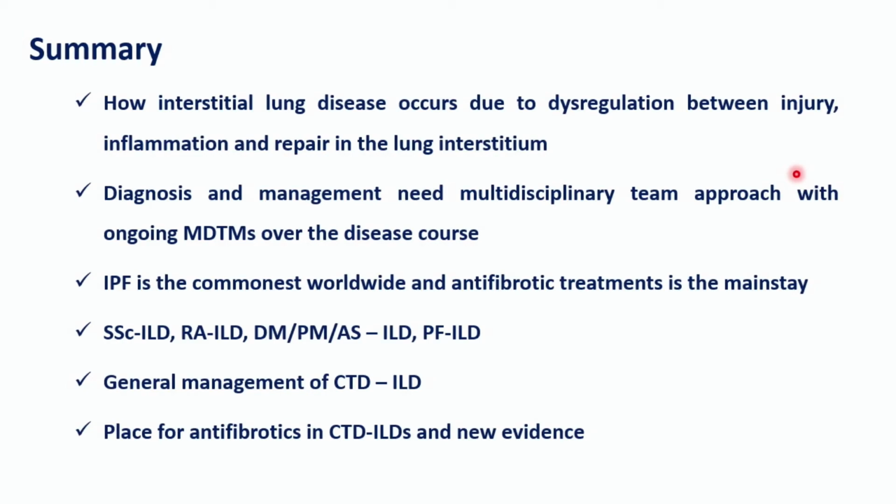And we talked about systemic sclerosis associated ILD, rheumatoid arthritis associated ILD, dermatomyositis, polymyositis associated ILD, and progressive fibrosing interstitial lung disease. And we talked about general management of connective tissue disease associated ILDs and the place for antifibrotics in connective tissue disease associated ILD.